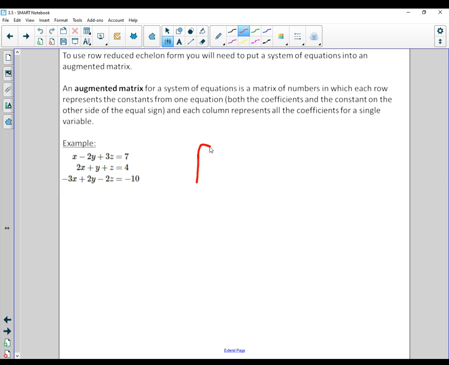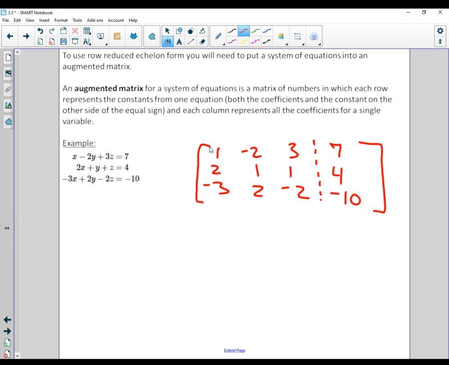So like, we would do 1, -2, 3, 7, 2, 1, 1, 4, -3, 2, -2, -10. And then if you're doing it by hand, typically it's nice to put some dots there, because that's where your equal signs are.